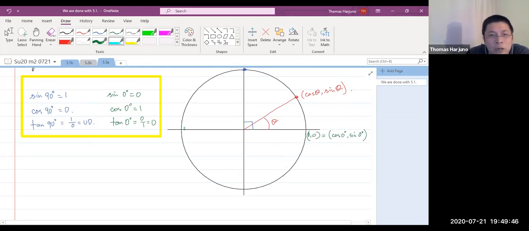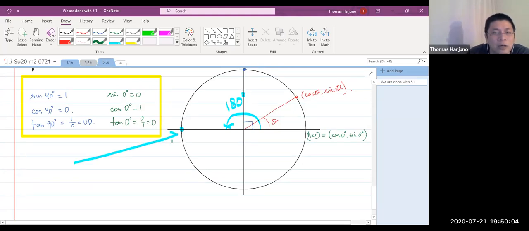Now, using the same idea, we can develop it this way. Imagine this coordinate here. The associated angle is 180 degrees. From there, we can get that the coordinate here is -1, 0.